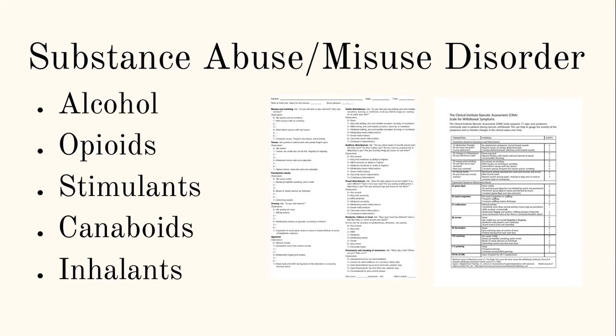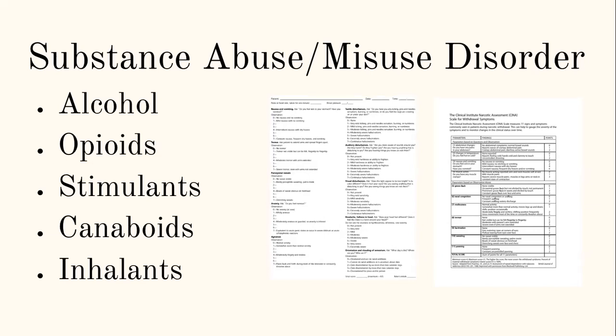With withdrawal, there's two different withdrawal scales: the CIWA scale, which measures alcohol withdrawal, and the COWS scale, which measures opioid withdrawal. The way that the CIWA scale works is it measures a variety of different symptoms, and based on the score the patient gets, allows us to know what treatment to follow. So, oftentimes we'll give them a benzodiazepine until they're safely detoxed, and their CIWA score will help us determine how much of that benzodiazepine to give.